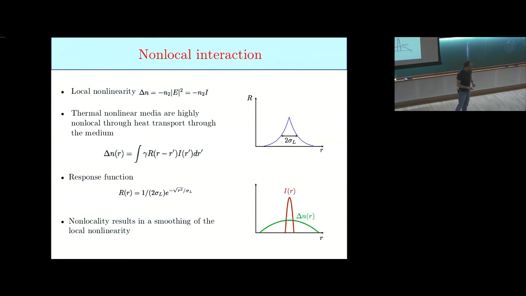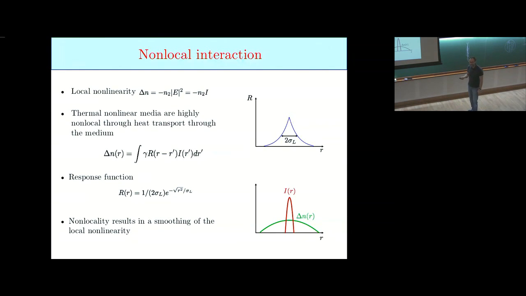Now there is a subtlety in all of this. I drew a beam like this and kind of said, hand-wavingly, that that's the delta n, implying that the delta n might follow the same profile as your beam. But that's not what happens because this is a thermal nonlinearity.